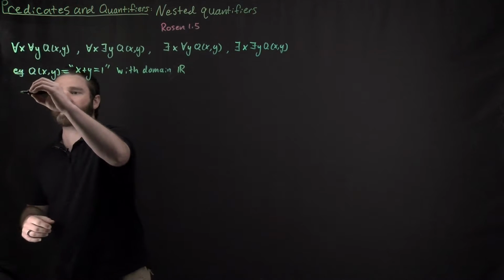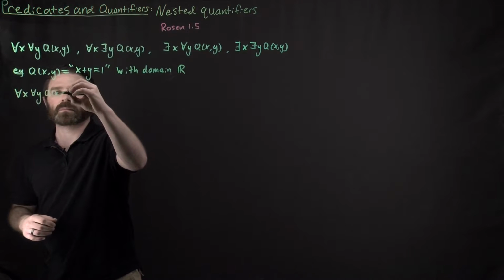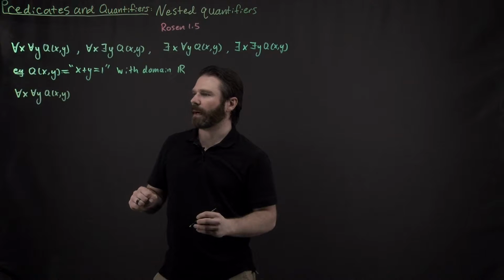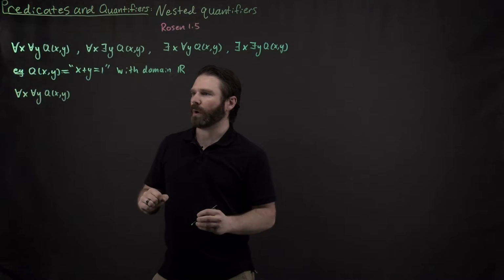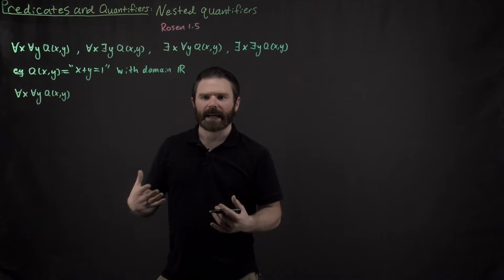So let's go ahead and consider first for every x, for every y, q of x, y. It's easiest to understand this if we were to translate this back into English.